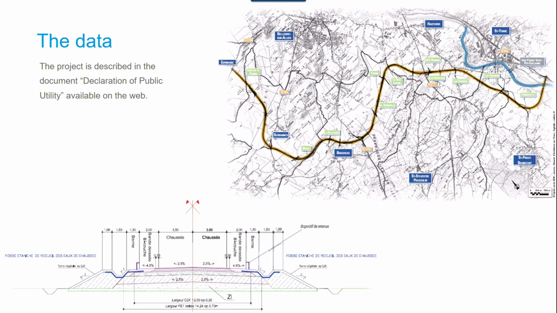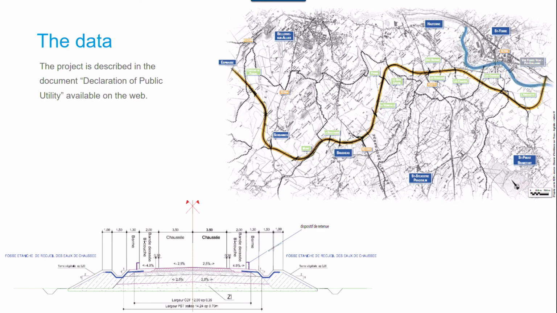The data we used for this class, for this demonstration, are extracted from a document called Declaration of Public Utility for a road project in the center of France, near Vichy. You have the plan view of the main road project and the section of the road project.